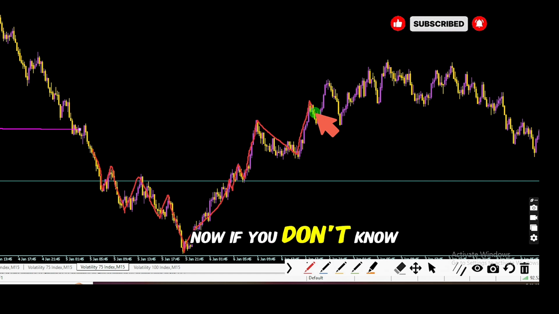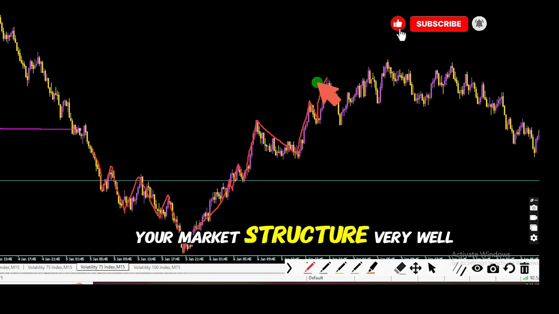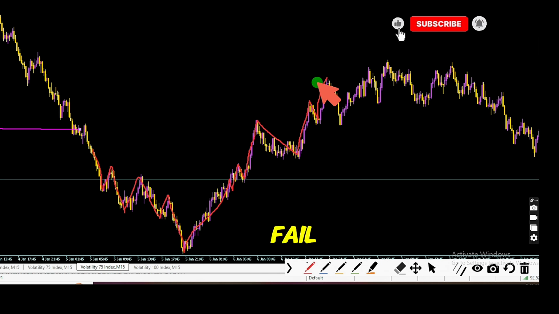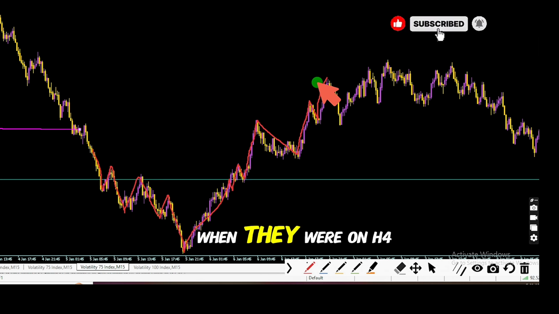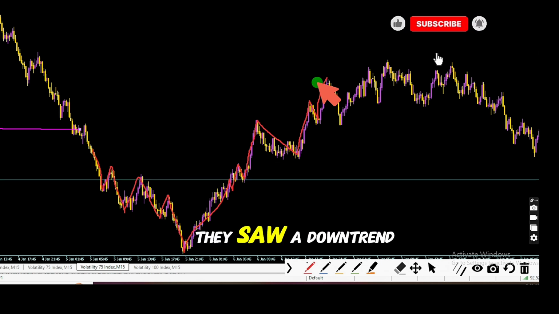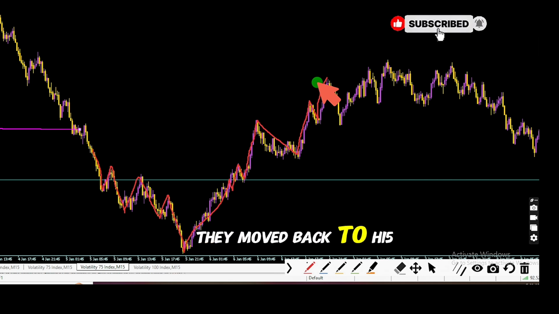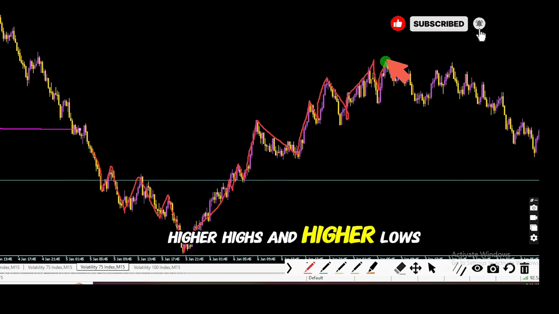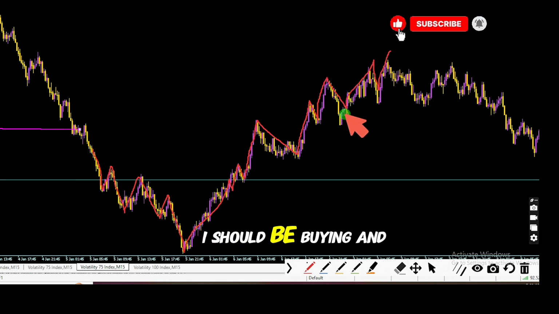Now if you don't know your market structure very well, this is where many traders fail. When they were on H4, they saw a downtrend. They moved back to M15 and they saw market printing higher highs and higher lows, and they're like, oh my god, I should be buying.